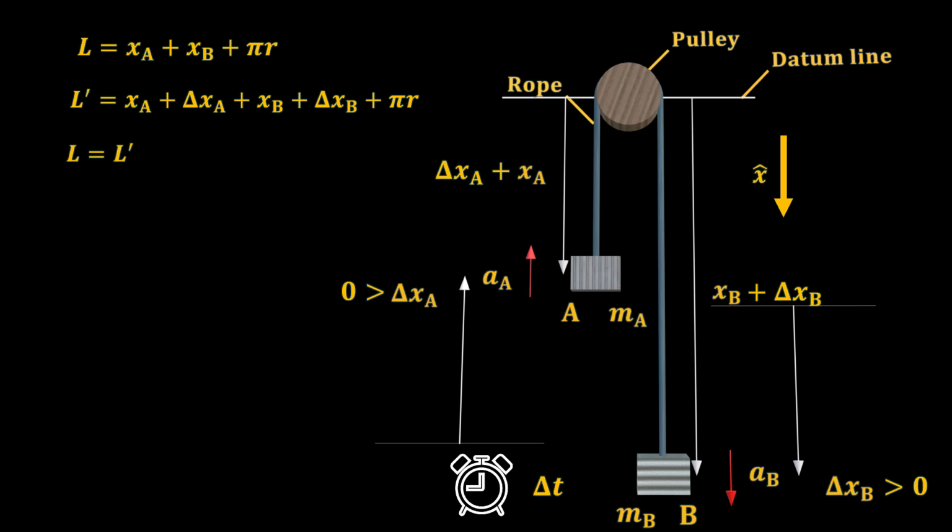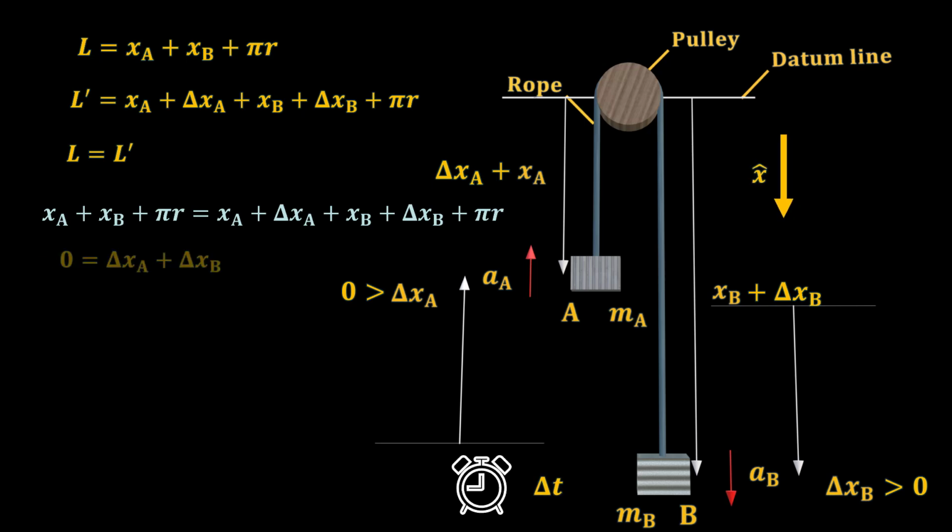And therefore, XA plus delta XA plus XB plus delta XB plus pi R equals XA plus XB plus pi R, which simplifies to delta XA plus delta XB equals 0, which can be rearranged as delta XB equals minus delta XA.